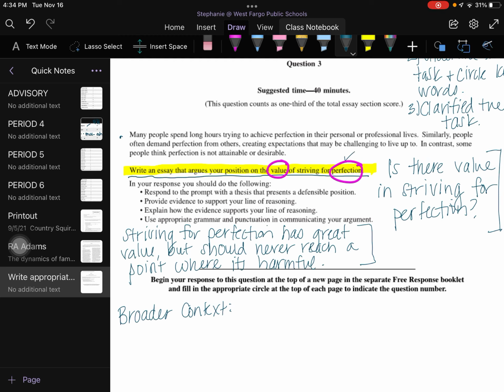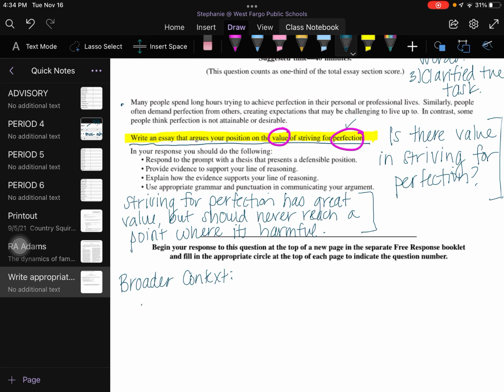Now, I would say perfection, for example, is a pretty broad context. Perfectionism itself is an abstract big idea. But we could go a little bit further. For example, I talked about mental health. That's a broader context when we're talking about striving for perfection. I could talk about ambition in a positive or a negative way.